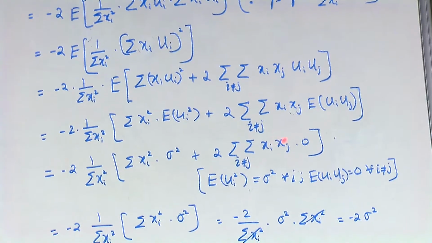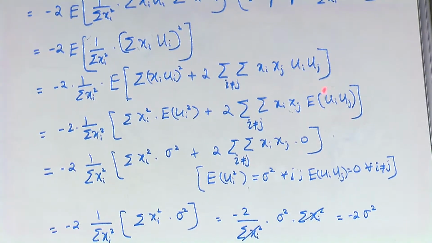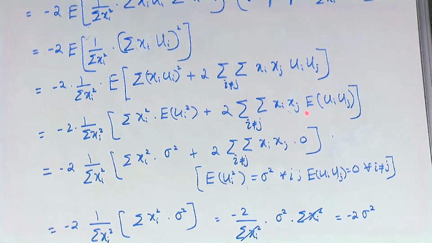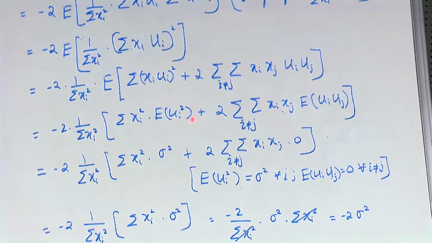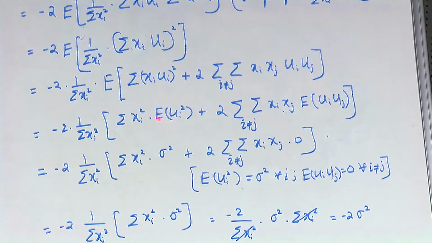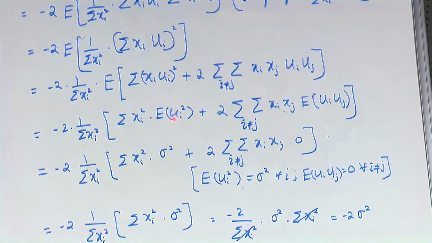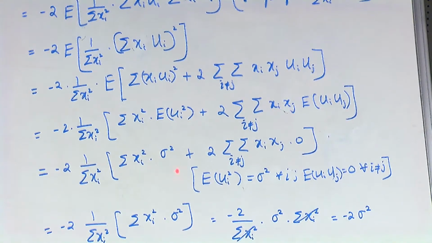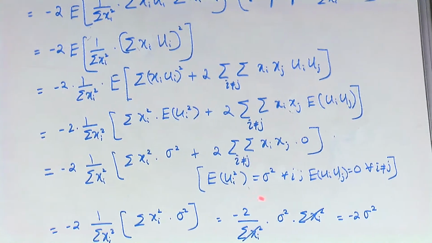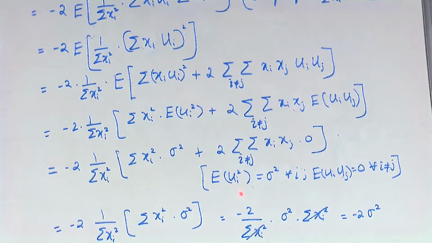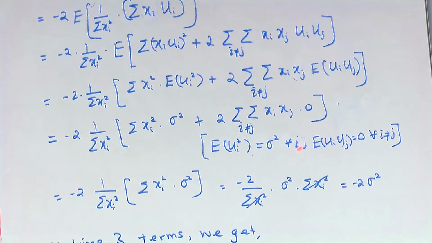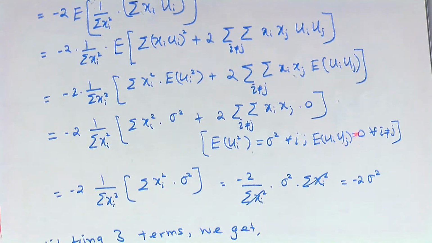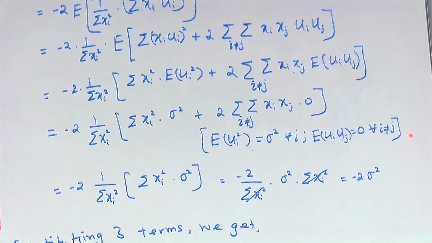We already know this by the OLS assumptions. There is no autocorrelation, so we get this 0, and by the homoscedasticity assumption, we get sigma square. So the assumption is that the expectation of ui square is equal to sigma square, a constant for all i, and the expectation of ui uj equals 0 for all i not equal to j.